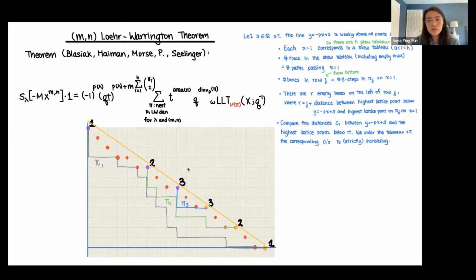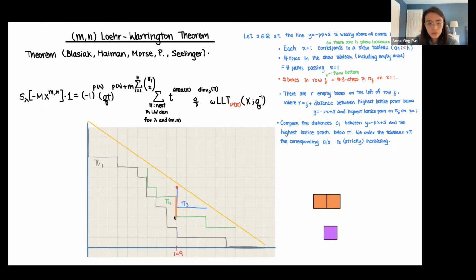All right, so now, how am I going to draw our tableau? So this guy is S. Say, for example, I choose I equals 9, because each x equals I corresponds to a skew tableau. I want to draw some tableau. How am I going to do that? First of all, you go up, and pi 1 has one cell front, so you have one box.